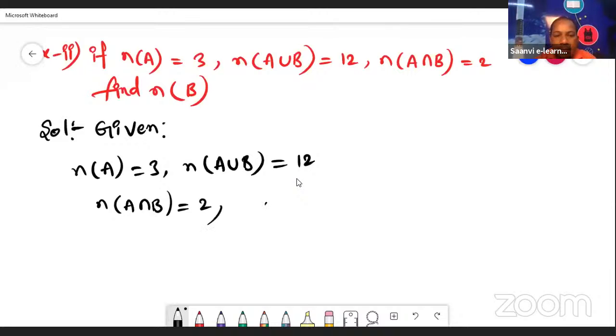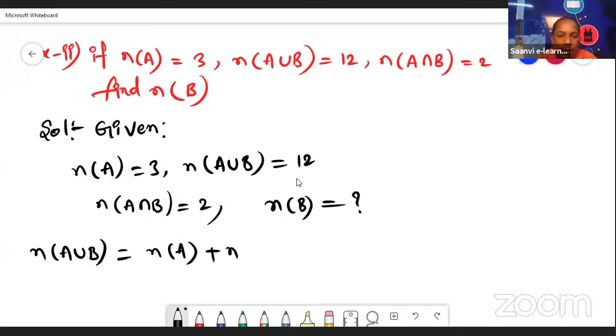What is asked here? The n of B value is asked. So n of B is equal to question mark. Now we already know the formula: n of A union B is equal to n of A plus n of B minus n of A intersection B. This is the formula.